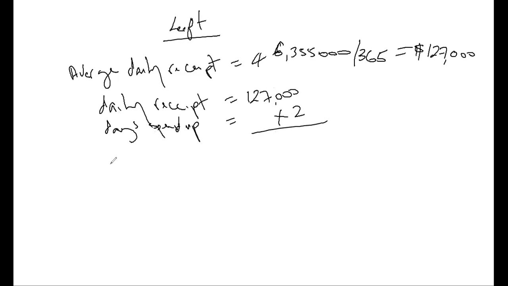So therefore the funds freed up would be 254,000. And we know that the money market rate is 5%.